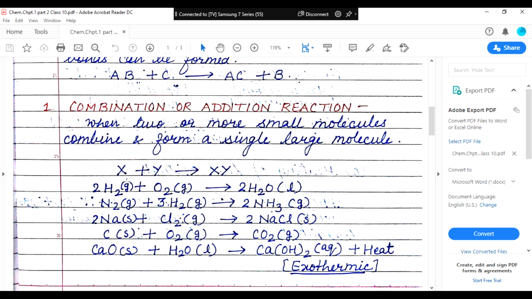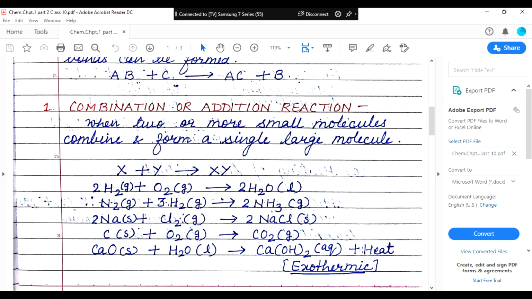We can observe in all these reactions that two reactants combine and form one product. Such types of reactions are called addition reactions or combination reactions.